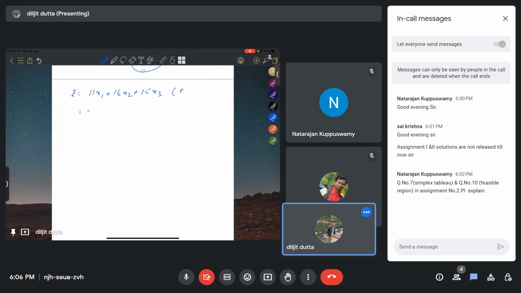So we'll convert it to minus 11x1 minus 16x2 minus 15x3. We have to change the objective function like this and make it a minimization problem. So we have converted the optimization function.